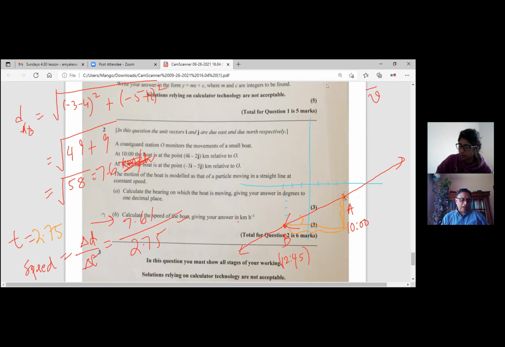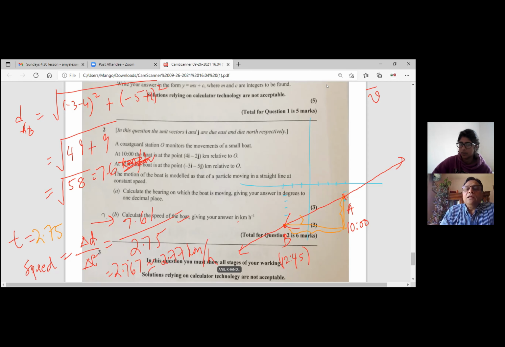And you have your answer, 2.77. Giving the board your answer in three significant figures, 2.77, right? Kilometers per hour. Is that clear to you?